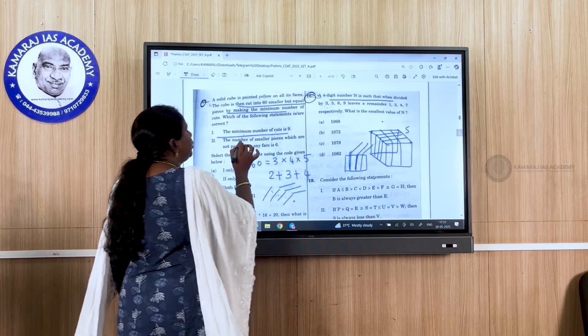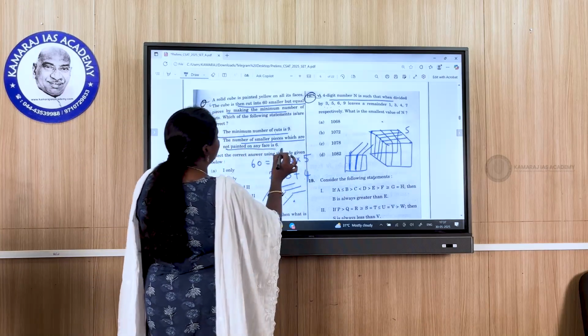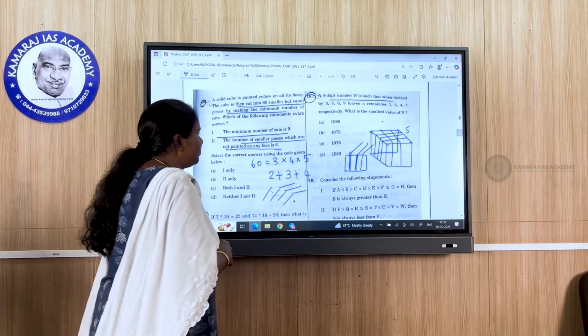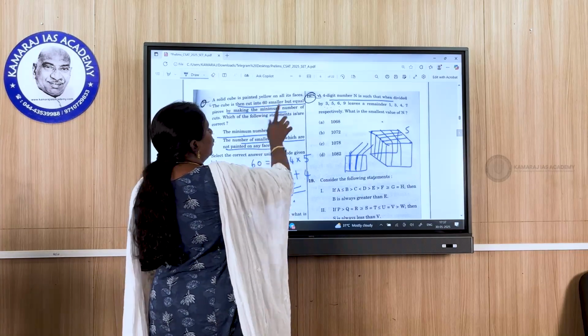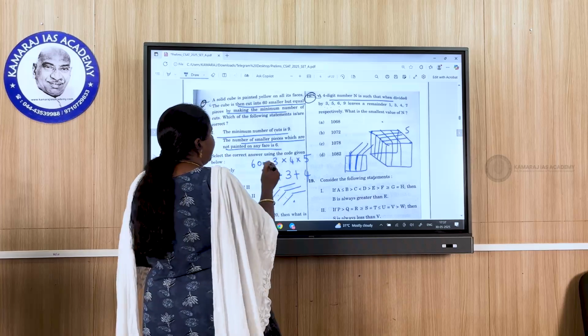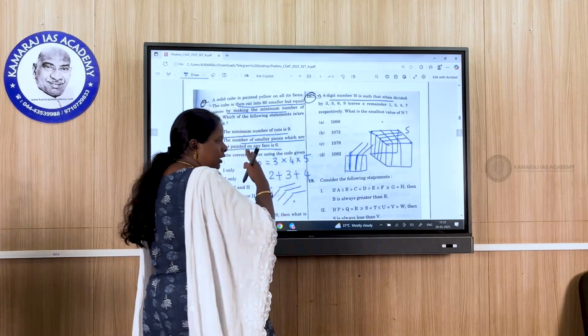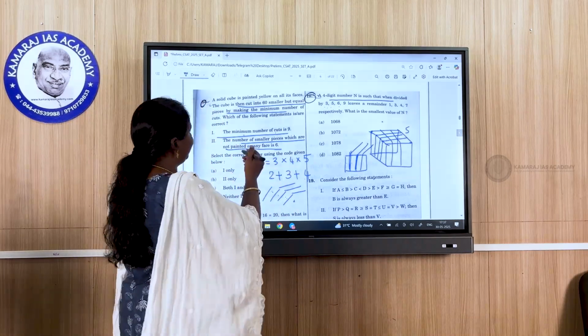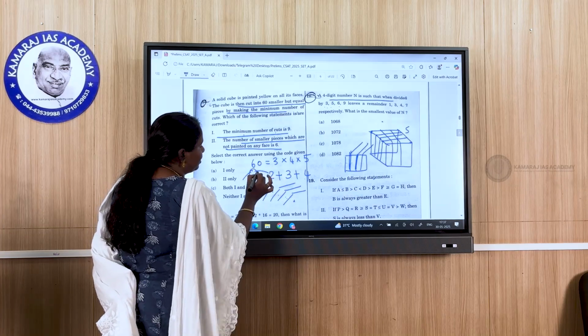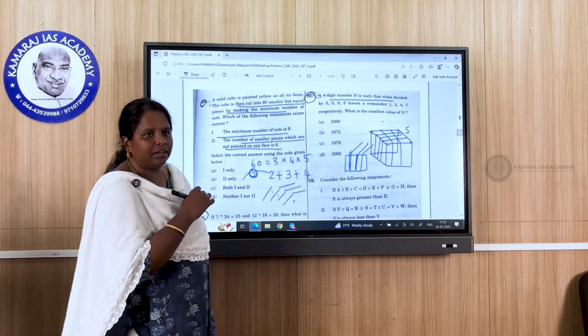Then the number of smaller pieces which are not painted on any of the faces is 6. So see here, this is 60 smaller, right? So you will be having 3, right? So I have to reduce the smaller cut. This is a small cube where if I remove 2 sides, I will be getting the inner face where it is unpainted, right?